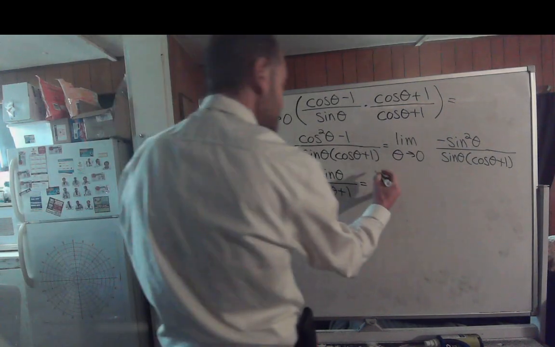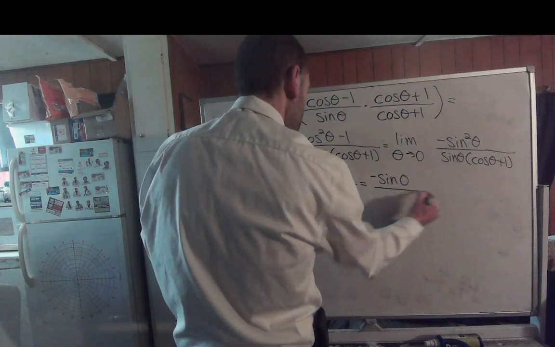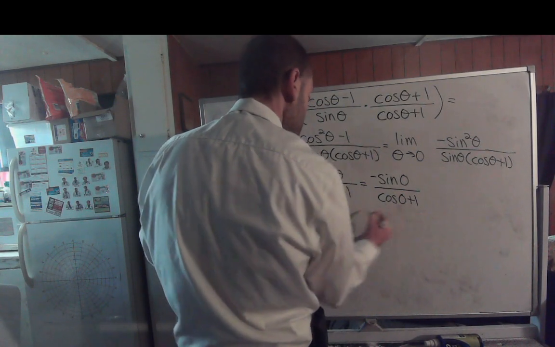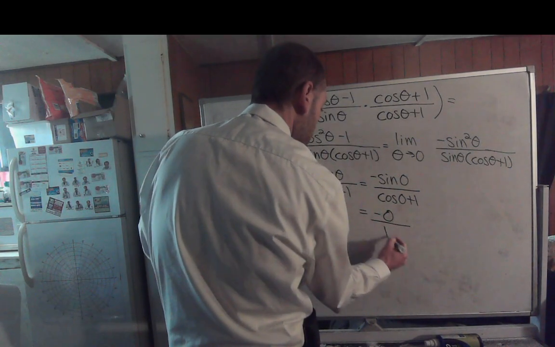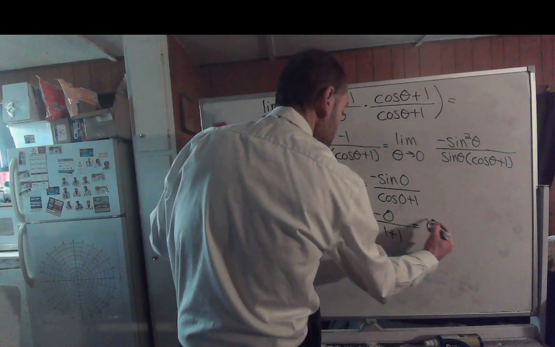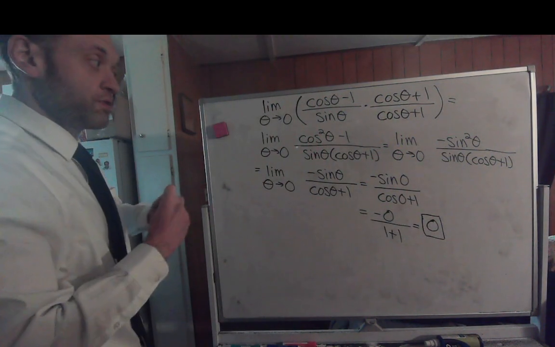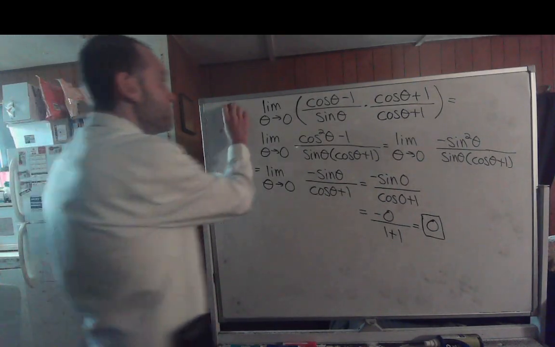Negative sine of 0 all over cosine of 0 plus 1 equals negative 0 all over 1 plus 1, which would just give you 0. So this particular limit goes to 0 when you apply the conjugate rule.